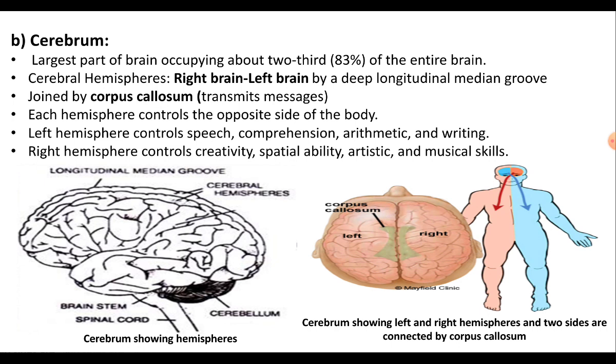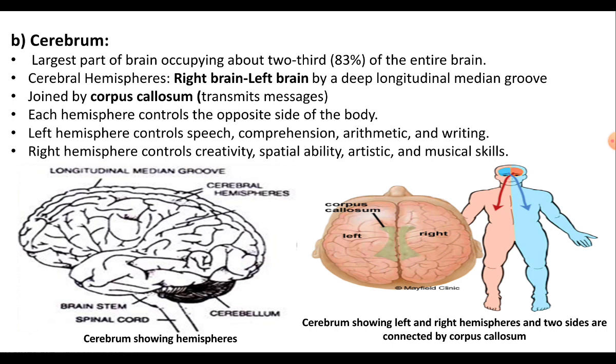The cerebrum is divided into two equal halves by a deep longitudinal median groove, which separates it into the right cerebral hemisphere and the left cerebral hemisphere, forming the right side and left side of the brain. The two completely separated cerebral hemispheres are yet joined by a bundle of nerve fibers called the corpus callosum, which plays a very important role in transmitting messages between the cerebral hemispheres.